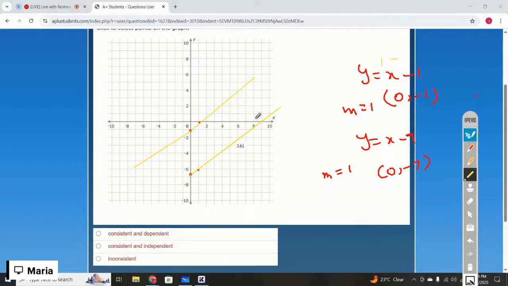I think these lines are parallel lines. Yes, they are parallel lines. The system is inconsistent with no solution. Got it?